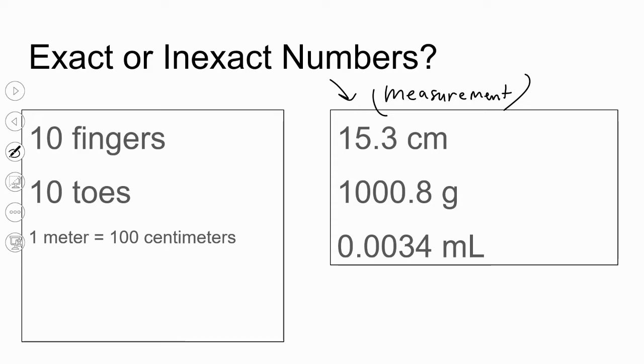Anytime we count something, or anytime we have a unit conversion, this is a definition, then this is going to be an exact number. I could mess up, but if I count 10, then I have 10 meters. If I define 1 meter to be 100 centimeters, that's exact. That's a definition.